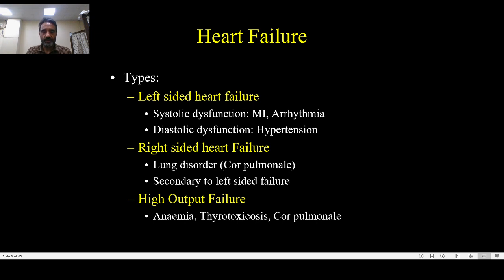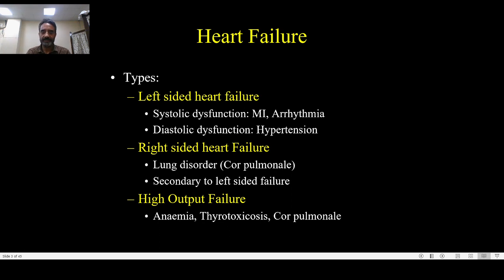Now, when we talk about left-sided heart failure, there could be systolic dysfunction, the dysfunction during the contraction, during systole. That could be due to the previous or current myocardial infarction, or due to rate disturbance, arrhythmias. Or there could be diastolic dysfunction, that is due to long-standing hypertension.